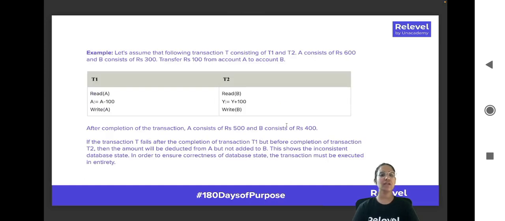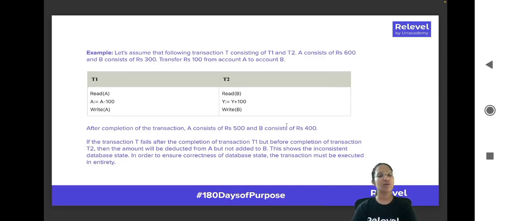Let's take an example. The following transaction T consists of tasks T1 and T2. Account A has 600 rupees and B is a person who has 300 rupees. If I want to transfer 100 rupees from account A to account B, first I will read account A, deduct 100 rupees from it, and write back the updated balance.